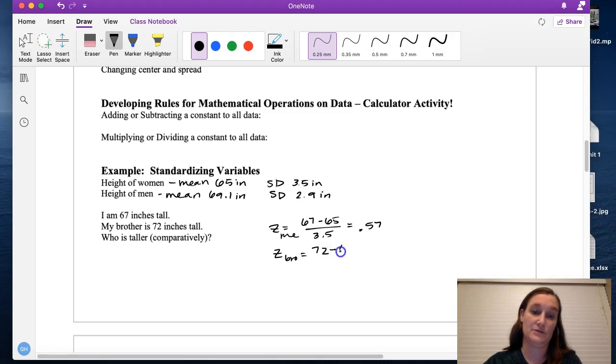My brother's actually taller than that, but that's okay. It's 72 minus 69.1 over 2.9. And if I work that out, that one is 1. So comparatively, he is taller. When you compare him to the rest of the male population, he is taller than I am compared to the rest of the female population.